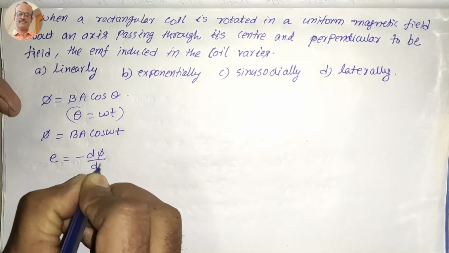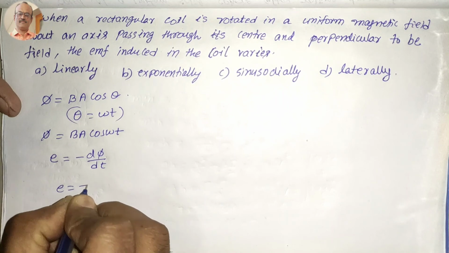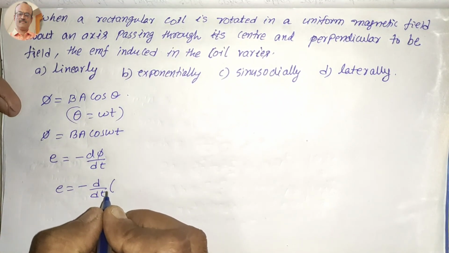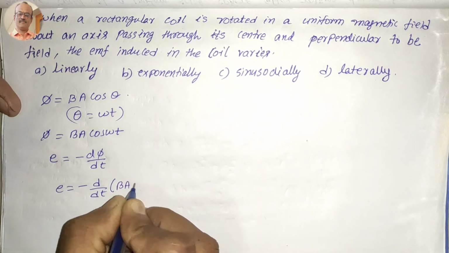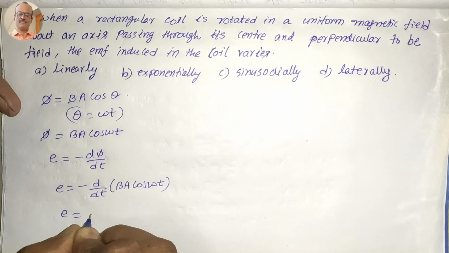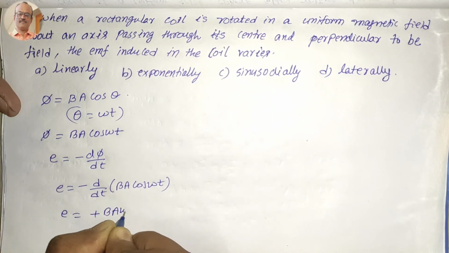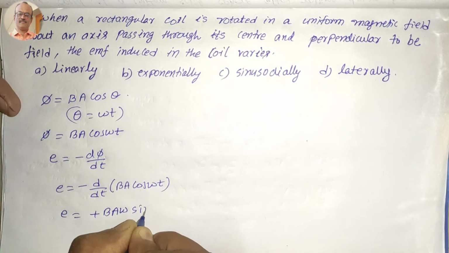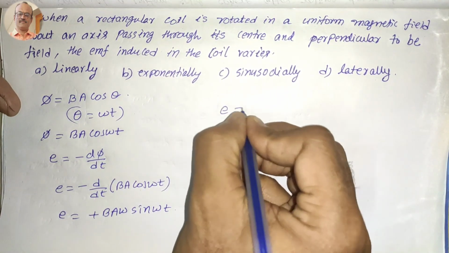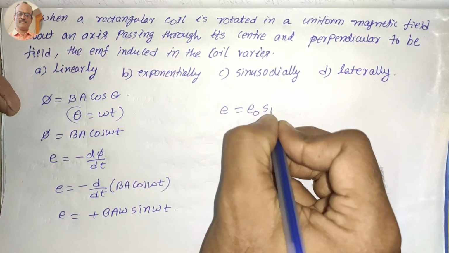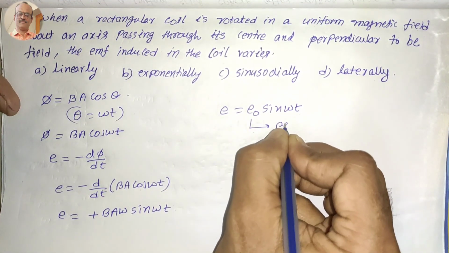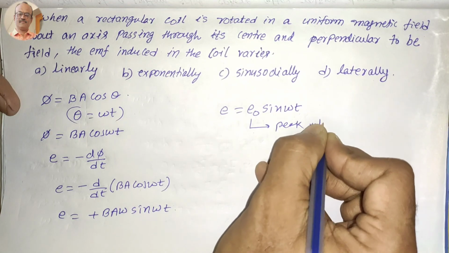minus d phi by dt, which is minus d by dt of BA cos omega t, so E is equal to plus BA omega sin omega t. When comparing with the equation E is equal to E naught sin omega t, E naught is nothing but the peak value.